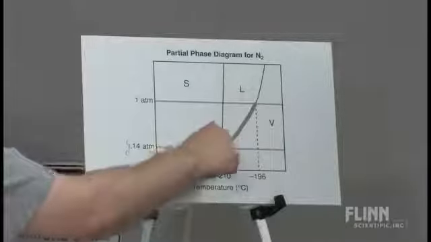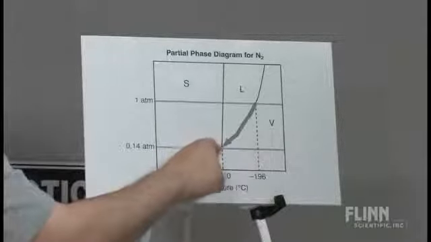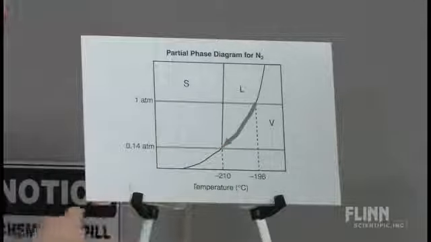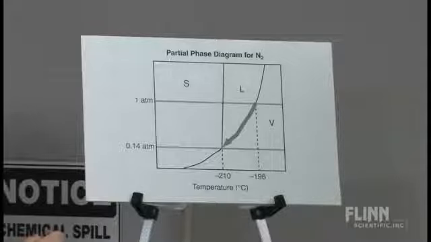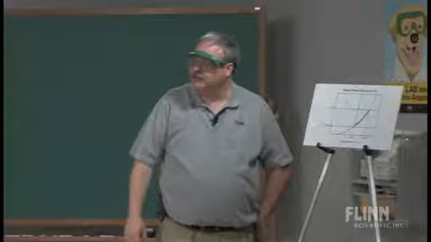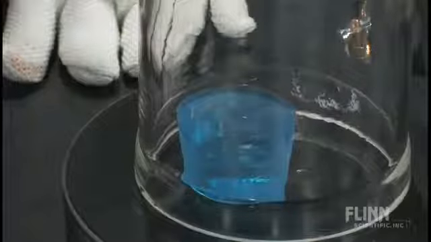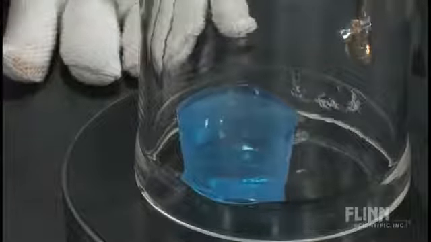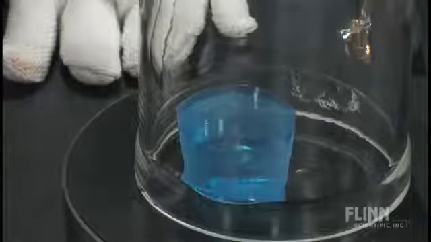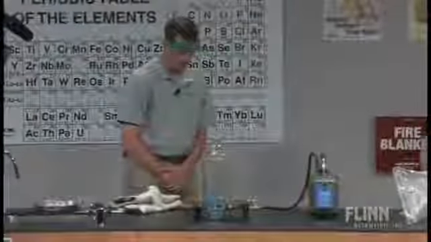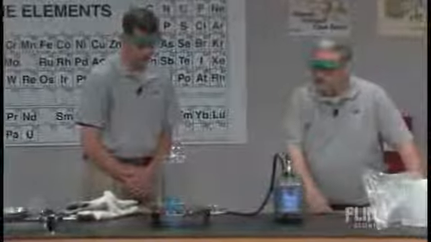And ultimately, we get to this point where we have the triple point, where nitrogen can exist as a liquid, a gas, and, as we can see, a solid. So we're going to try it again, Mike? We'll try this one more time. And if we can get that to stay the solid, then we'll let it slowly melt, because it gives a nice demonstration of what happens when the pressure is increased.